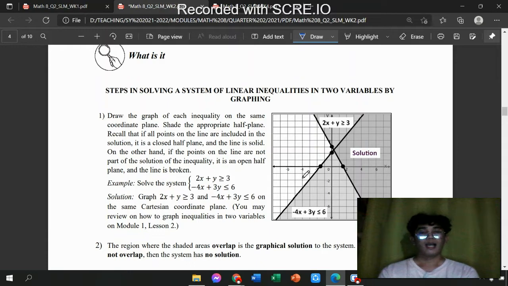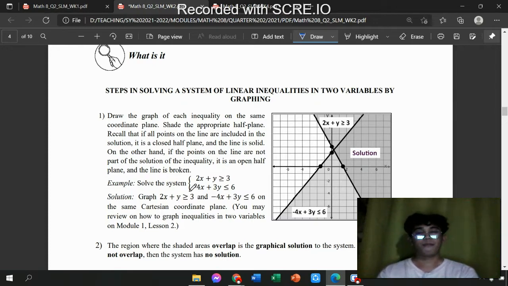Which means, ang points nga nitungtong ana nga line is still part of the solution. Kung less than ra, broken line ang gamiton, meaning ang mga points nga natunong adto nga line is dili na apil sa solution. I hope nasabtan ninyo nga concept.